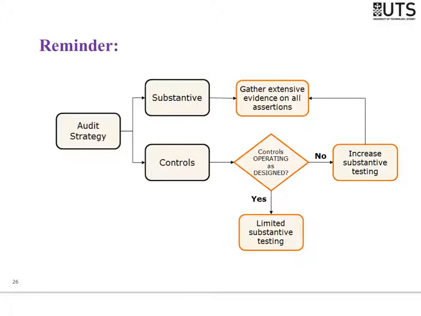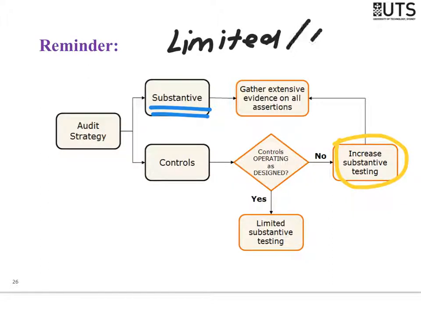So, just doing a bit of a recap, once you decide to do a predominantly substantive-based approach, what that means is you're going to do mainly substantive testing with very limited or no controls testing, okay?